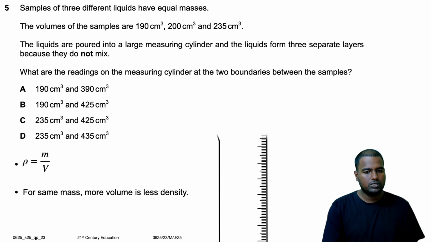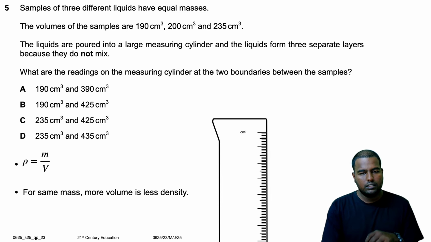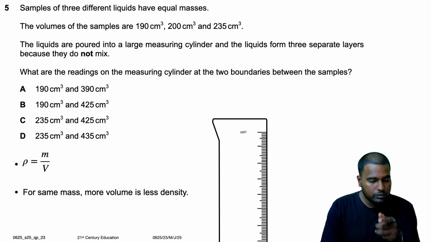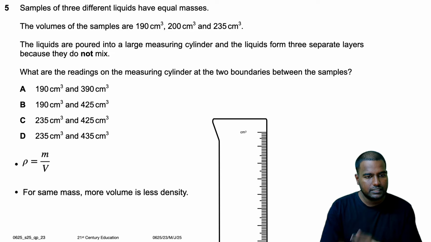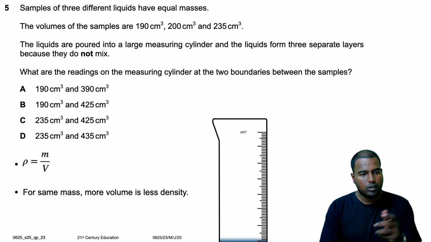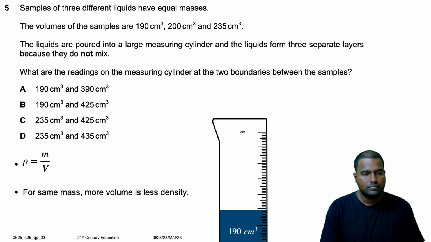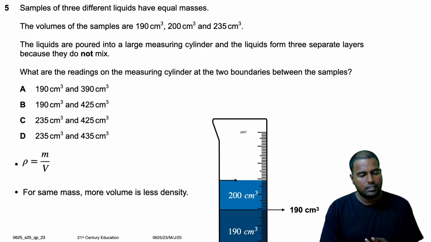So if you take a measuring jar and pour all three liquids, whichever has the least volume is going to be at the bottom because that's the more dense one. In this case, it's 190 centimeter cube. It's going to occupy 190 centimeter cube of volume. Then the second, 200 centimeter cube, is going to occupy another 200 centimeter cube.